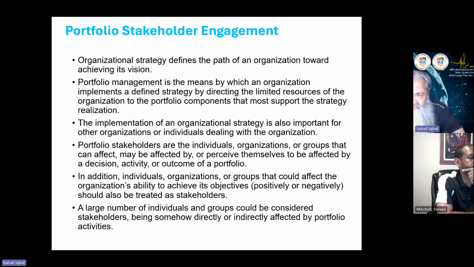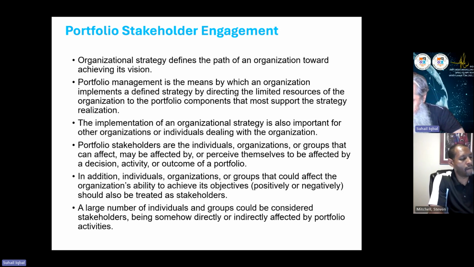We are always focused on the organizational strategy and the vision of the organization. How can we achieve that vision? Portfolio management is a means by which an organization implements a defined strategy.